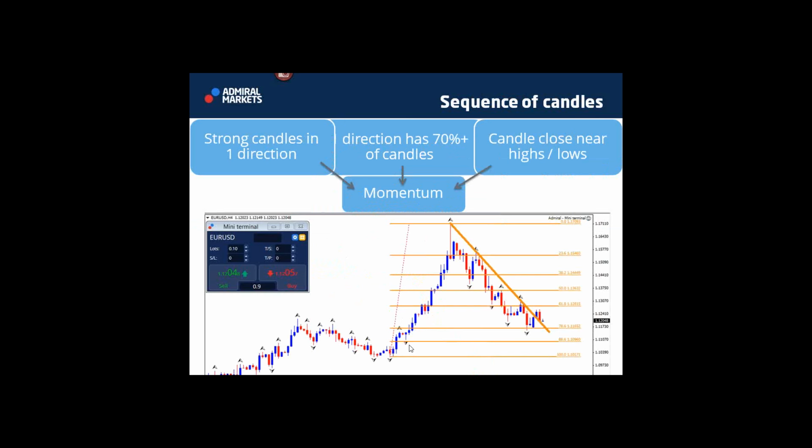The next step after looking at candles would be to look at sequences of candles. So we take the analysis of one candle, and we increase that to a couple, and we see candlestick patterns.